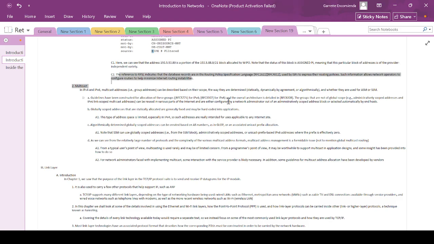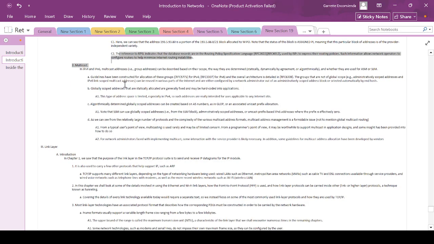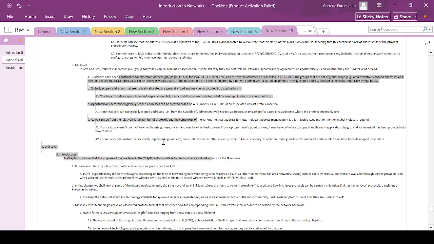These are the properties that define multicast addresses. Guidelines have been constructed for allocation of these groups: RFC 5771 for IPv4, RFC 3307 for IPv6, and the overall architecture is detailed in RFC 6308.